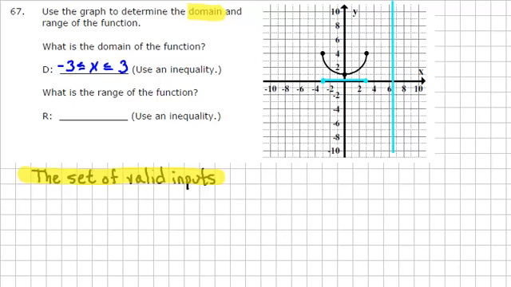All right, so what is the range of the function? Well, what we have to do is to recall, what is range? The range is the set of outputs.